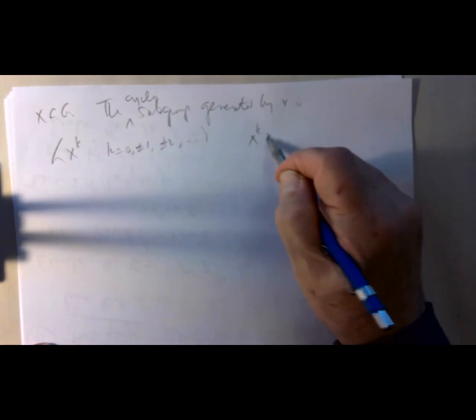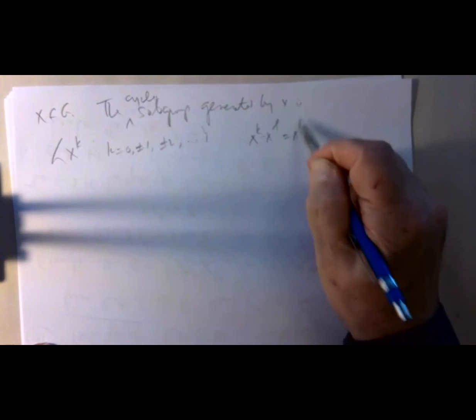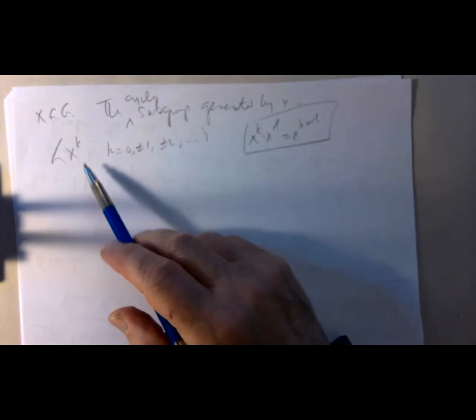All the powers of x certainly form a subgroup, because if you have x to the k times x to the l, that's x to the k plus l. So this is closed under multiplication. x to the 0 is the identity and so on.